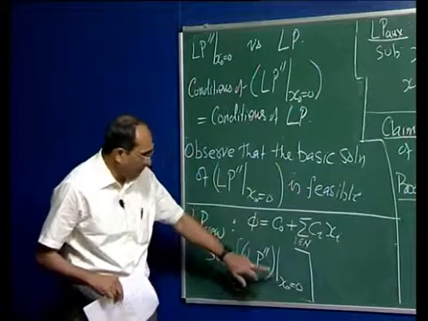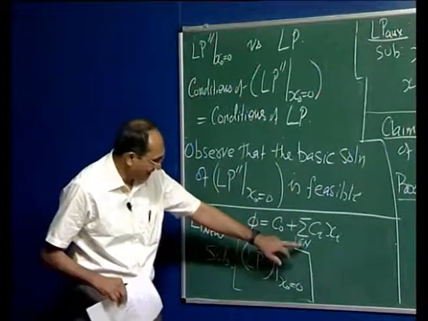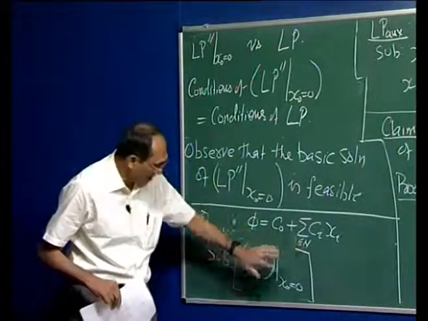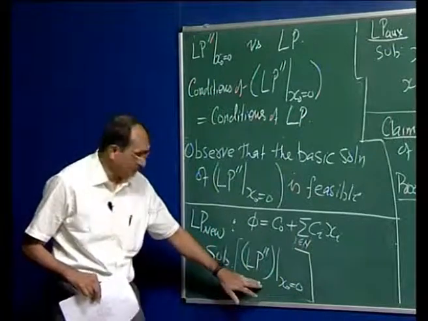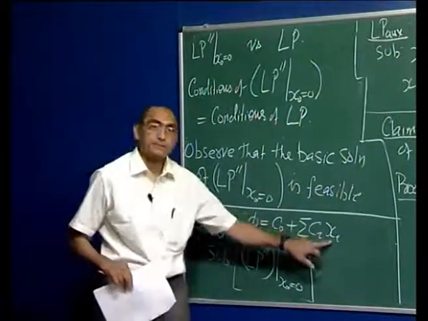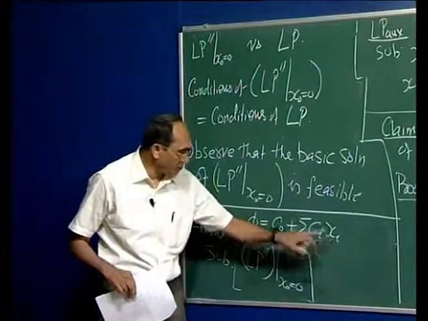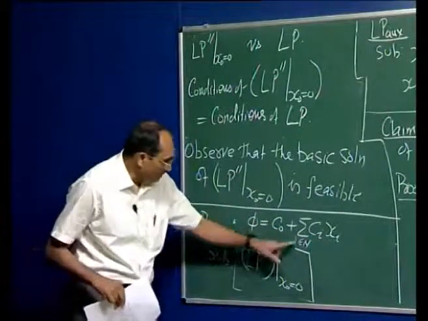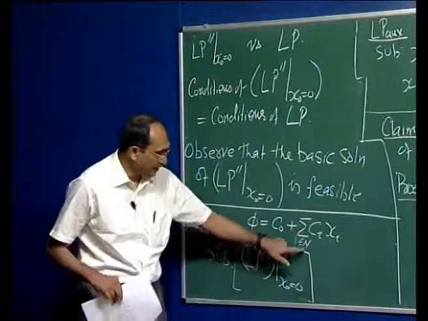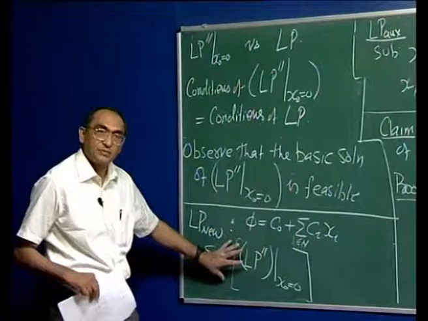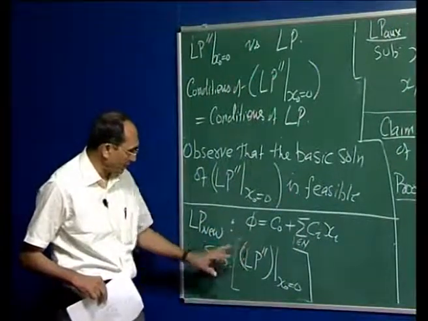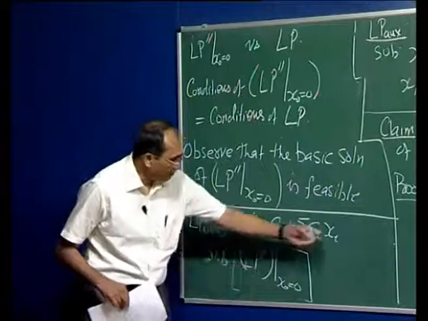So for all those variables of old N which are in the B set of this, we can plug in those values, because suppose a particular i naught in N is in the B set of this, then there will be an equation for x i naught here. We plug in those values.